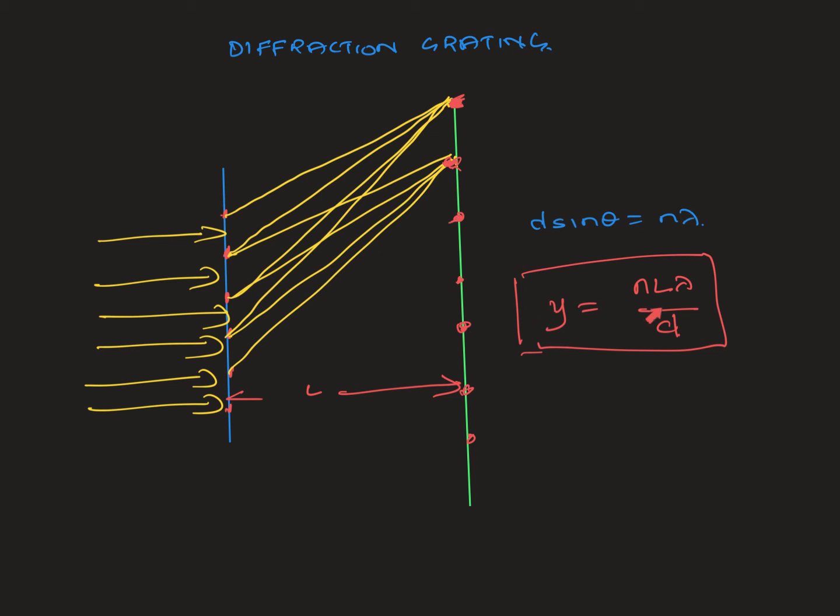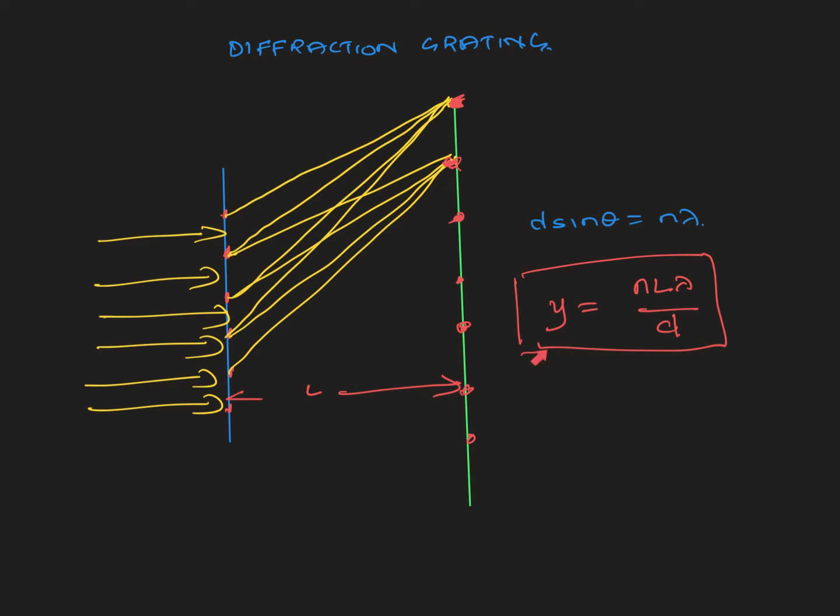We can also use the same equation that we derived for y, the distance from the central maximum to the maximum that we are looking at, and n is the series number, which maximum we are looking at, 1, 2, or 3, and L is the distance between the screen and the slits, and d is the distance between two slits.